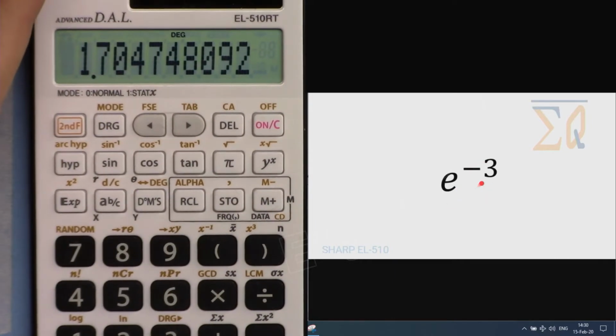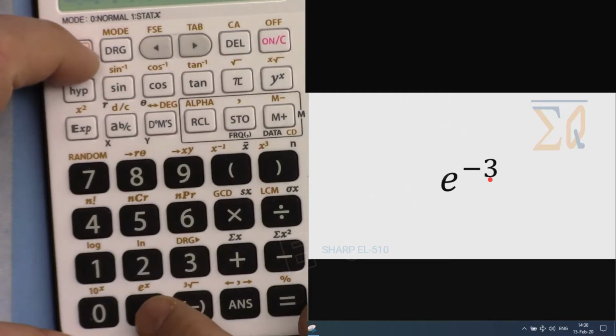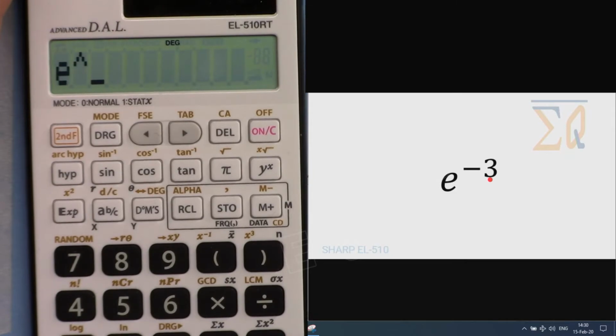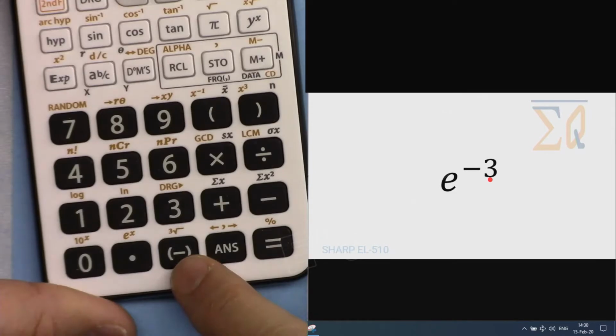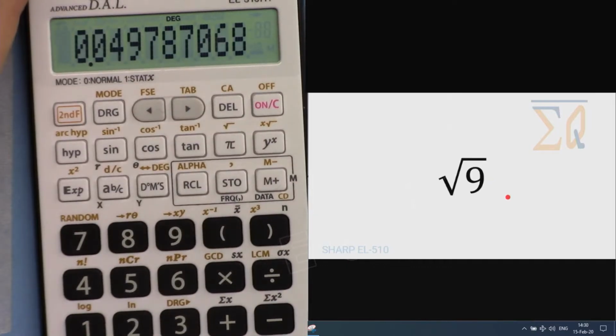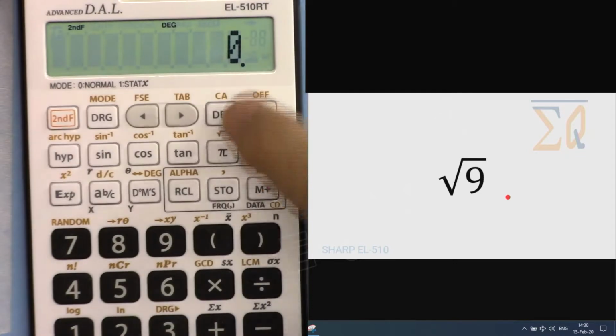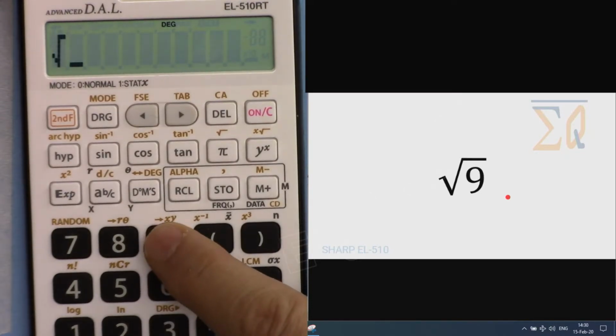If we have Euler to the power -3, you can do the same way. So press second function and then Euler, and then open -3, I'm using this minus, that's the value. Let's see how we can do the square root of some value. Clear, second function, this, plus 9.